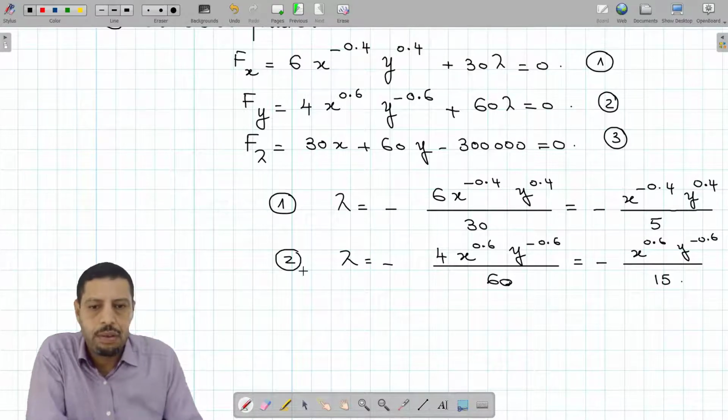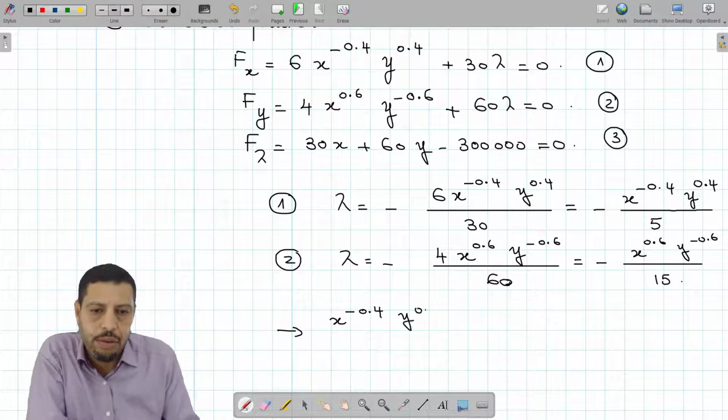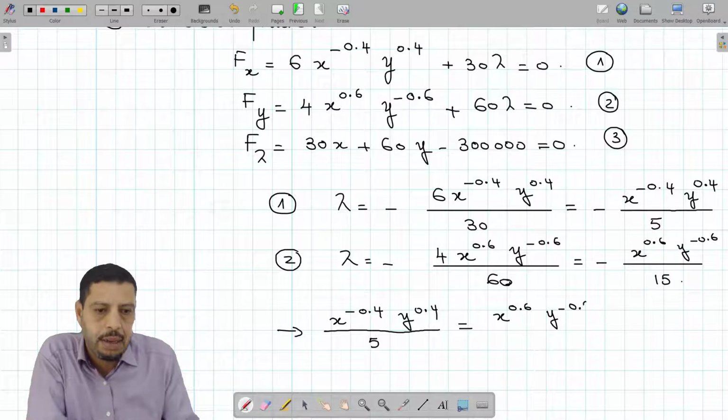Now, in these two new equations, you have lambda equals the first expression, lambda equals the second expression. So we can conclude that the two quantities here are equal. And of course, we can cancel the minus sign. So we can conclude here that x to the power of negative 0.4 times y to the power of 0.4 over 5 equals x to the power of 0.6 times y to the power of negative 0.6 over 15.